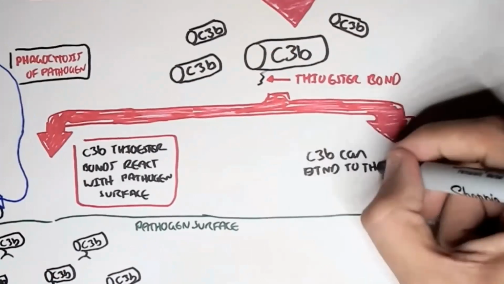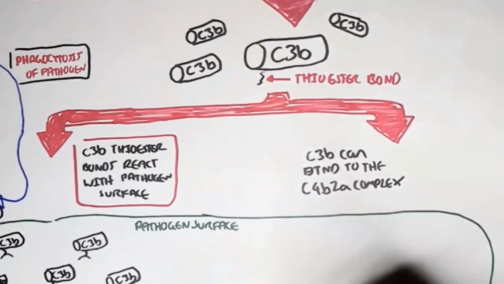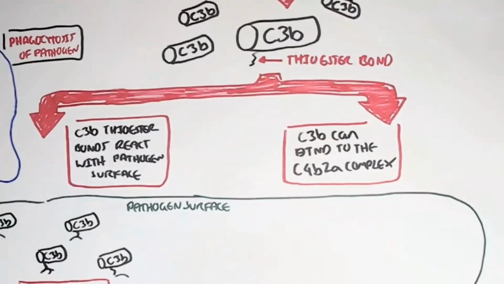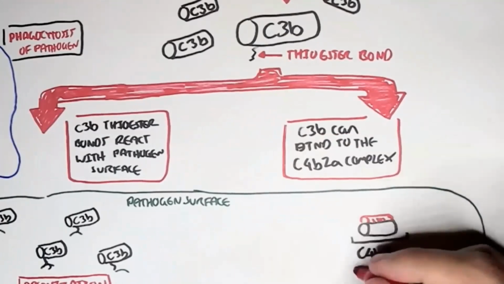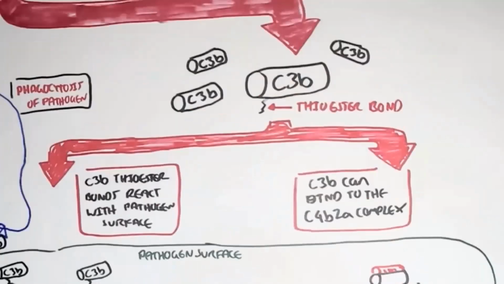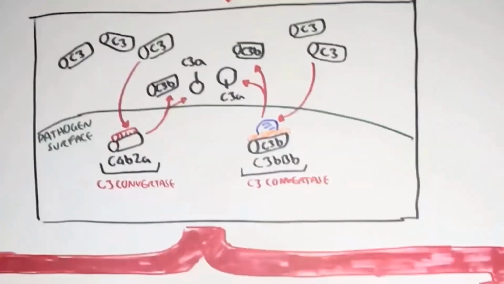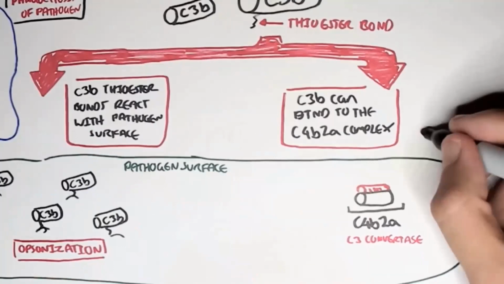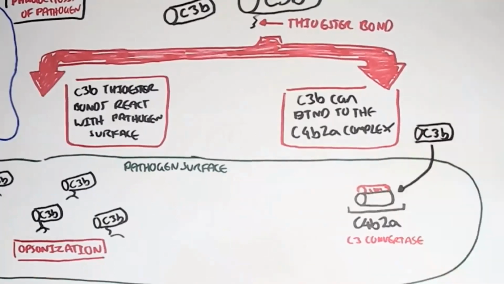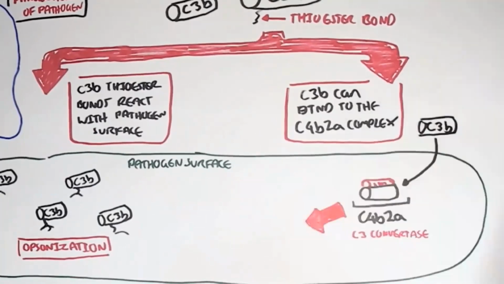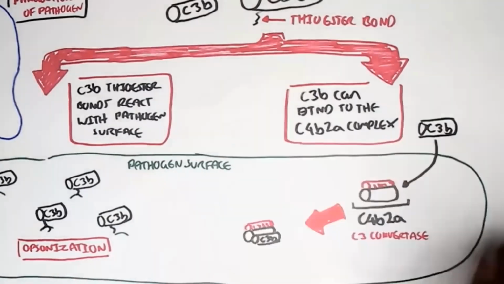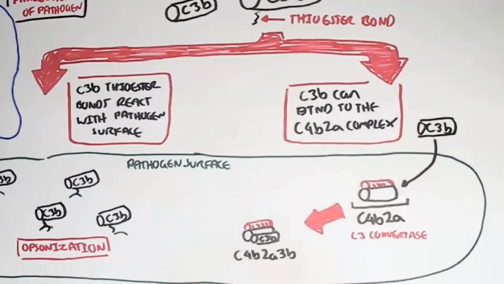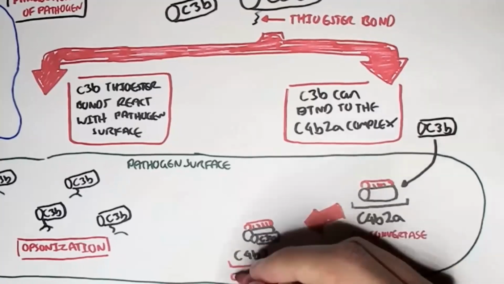C3b can alternatively bind to the C3 convertase, specifically the C4b2a complex from the classical pathway or the lectin pathway, if you remember. Now, when it binds, the C3b will bind to this C4b2a complex, which will then form the C4b2a3b complex, also known as the C3-C5 convertase.